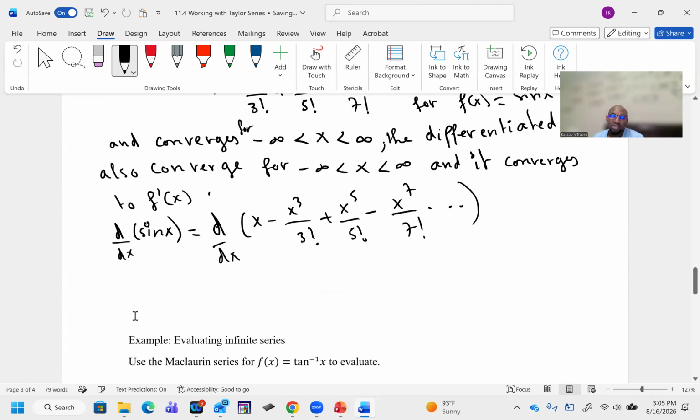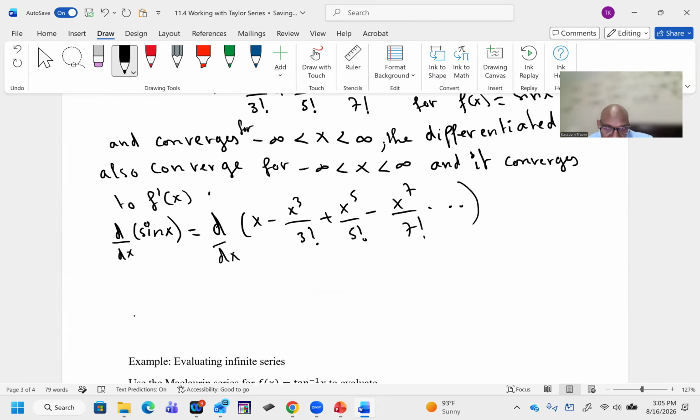This will be equal to what? What's the derivative of x? 1. The derivative of x cubed divided by 3 factorial will be minus, 3 will come down, so that will simplify with 3. So of course it will be x squared divided by 2 factorial, because 3 and 3 cancel out.